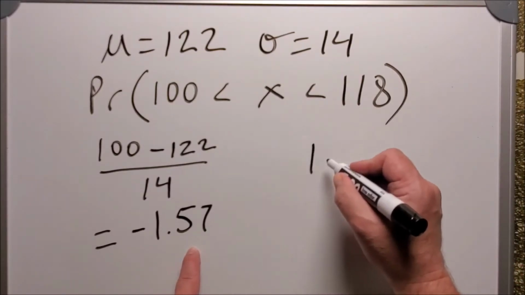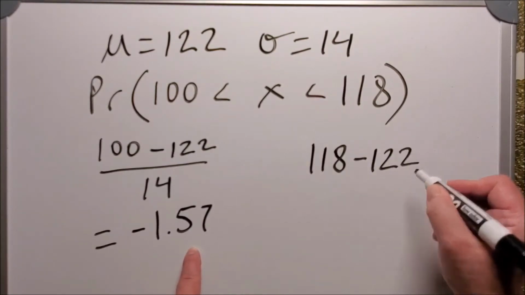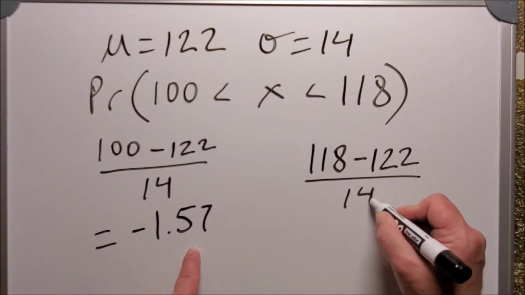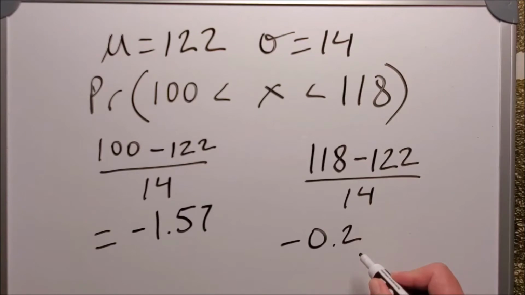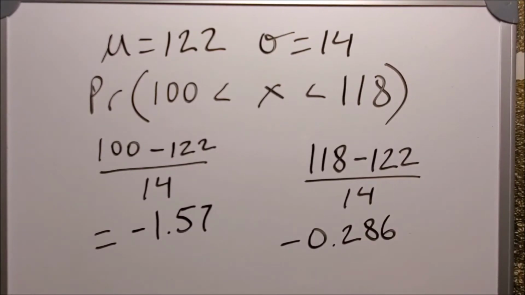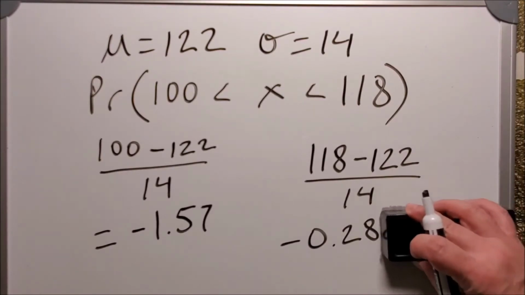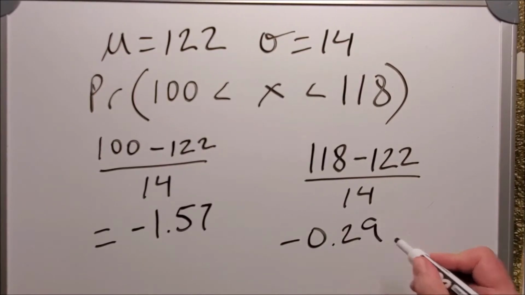Solving for 118, I have 118 minus 122 divided by the standard deviation, and that gave me a z-score of negative 0.286, right? Again, actually, I truncated that more and used negative 0.29 when I looked it up on the table.